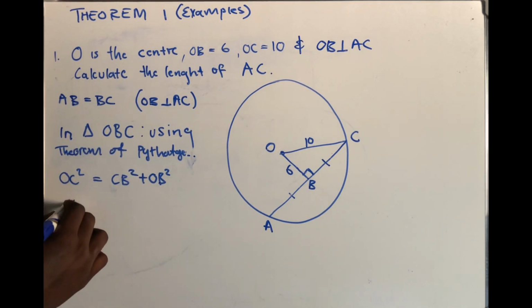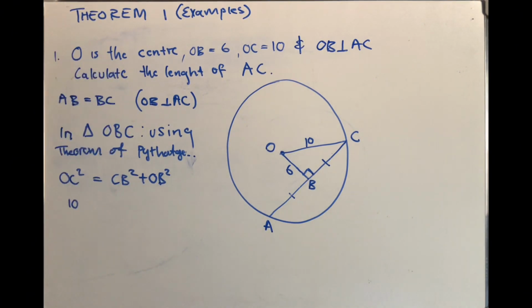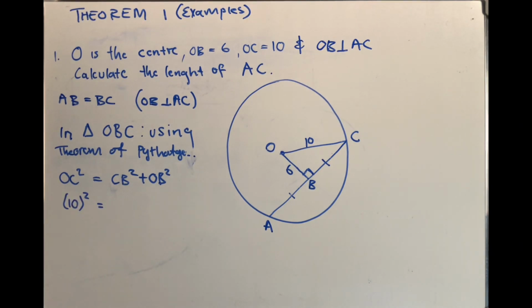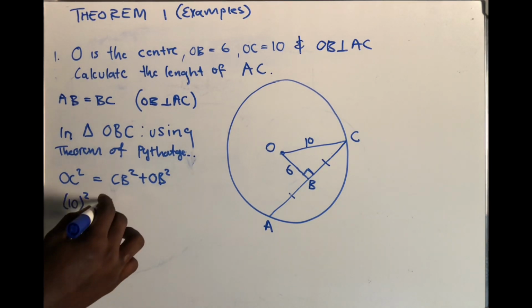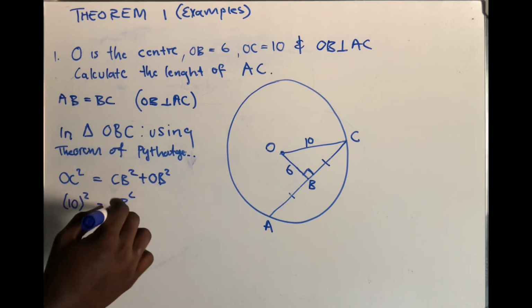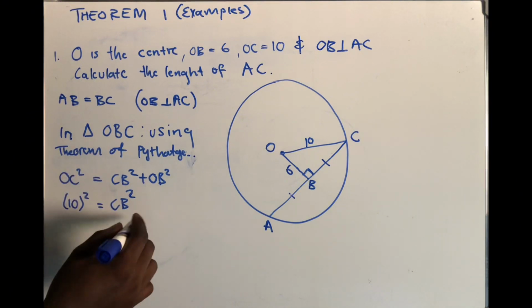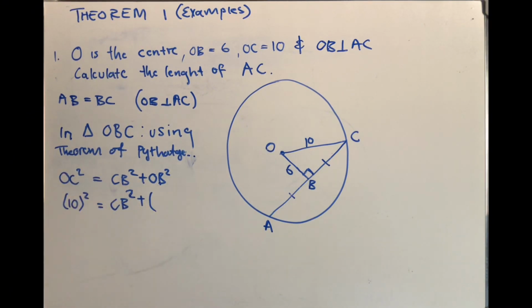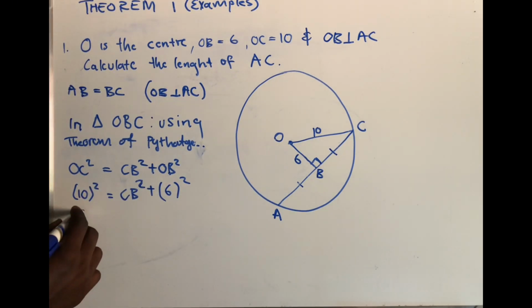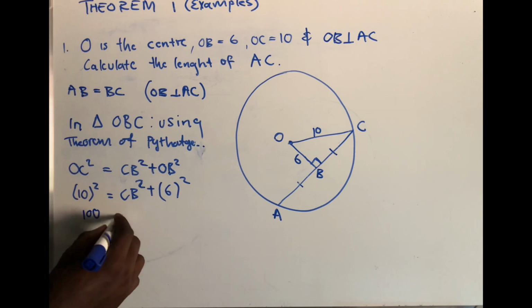So OC, we are given that OC is equal to 10. Let's say centimeters. It's 10 centimeters squared, which is equal to CB squared. We don't have the length of CB; it's what we're looking for. So we write it as it is, CB squared plus, what's the length of OB? OB is 6 units. 10 squared is 100.